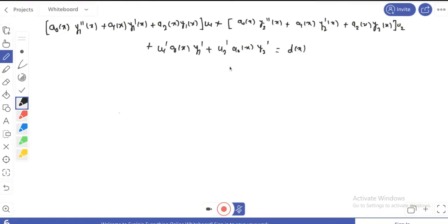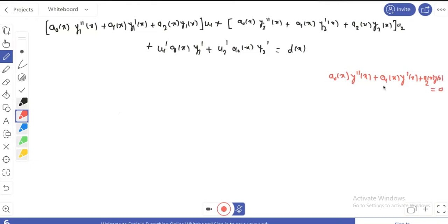Now we get this relation, and here we know that y1 and y2 are solutions of equation number 2. What is equation number 2? It is a0(x) y'' plus a1(x) y'(x) plus a2(x) y(x) equals 0.